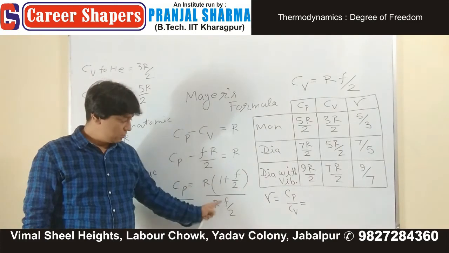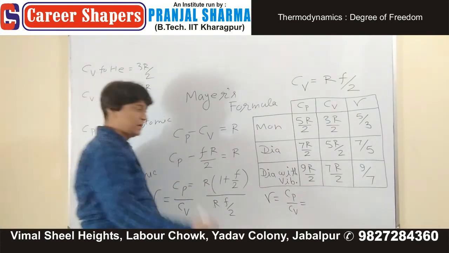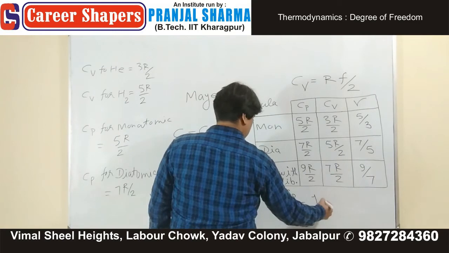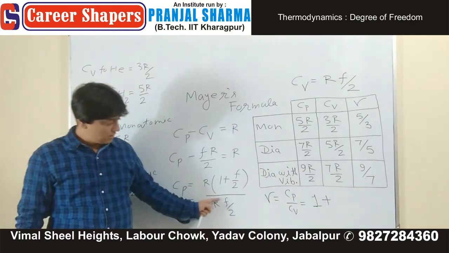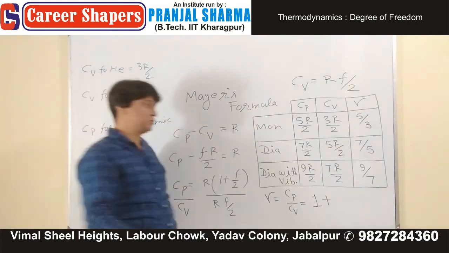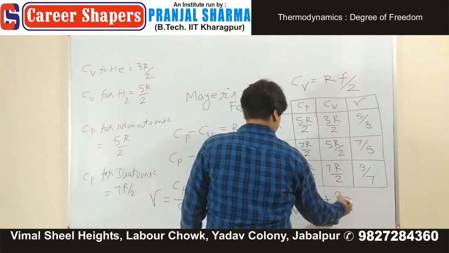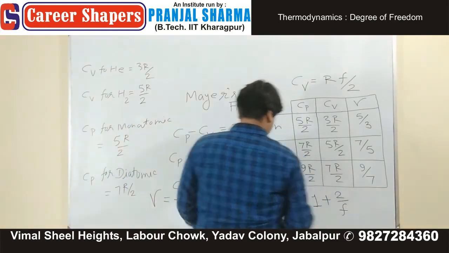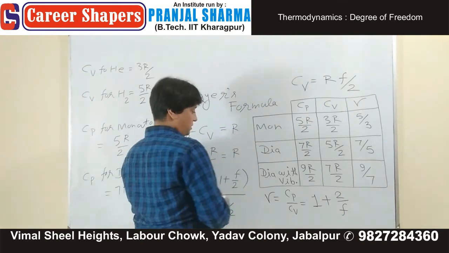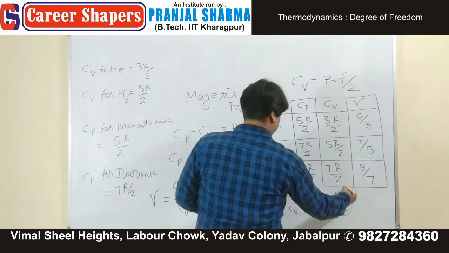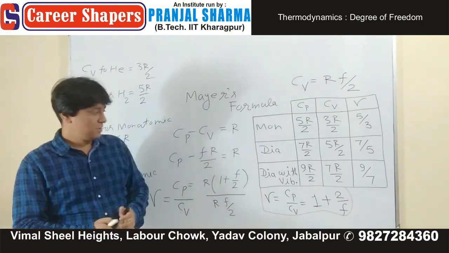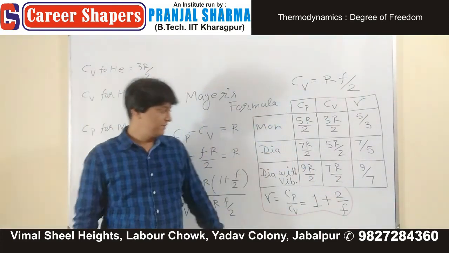F by 2 divided by F by 2 is 1, plus 1 upon F by 2 is 2 by F. So this is the formula for gamma and degree of freedom: 1 plus 2 by F. Let's verify this.